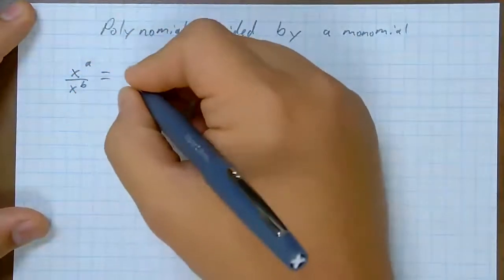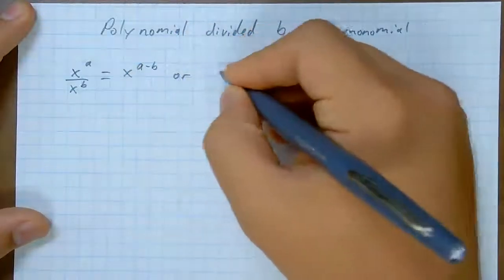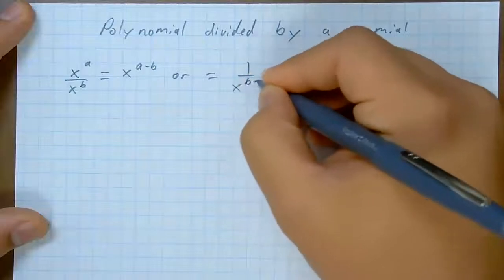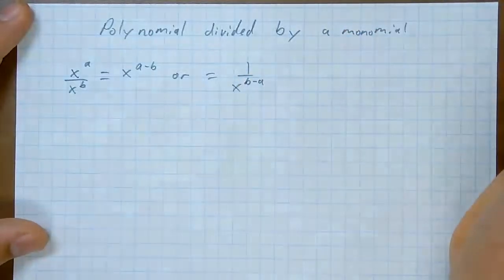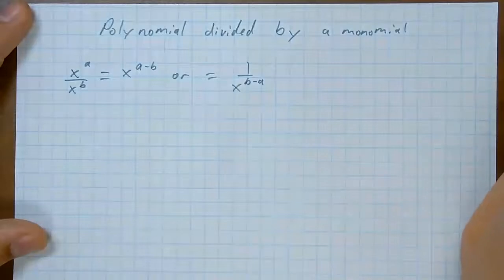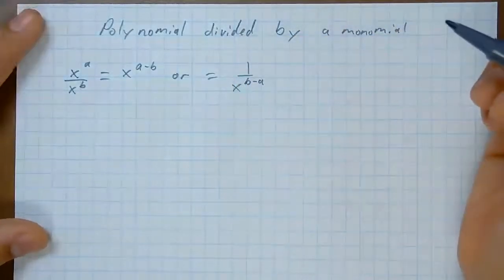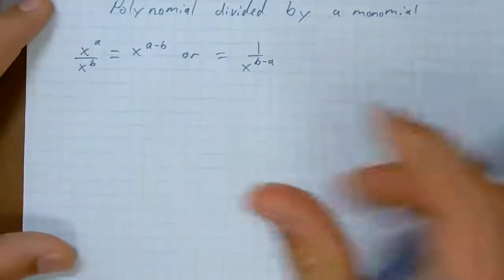Well, that equals x to the power of a minus b, or that equals 1 over x to the power of b minus a. So either one of these works, and we're going to be utilizing this property when dividing a polynomial by a monomial. Let's take a look at our first example.